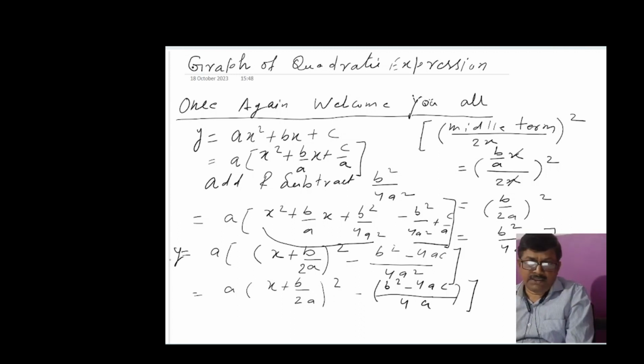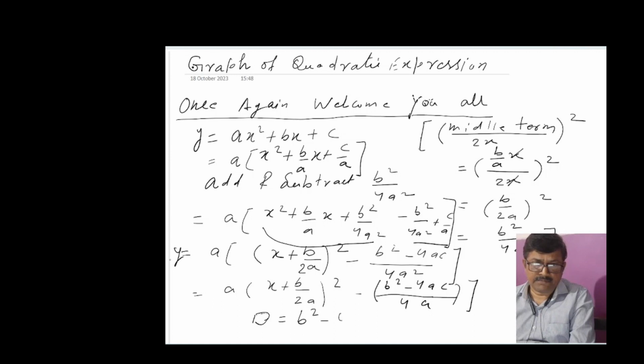Now you can see this b square minus 4ac is a discriminant. Discriminant D is equal to b square minus 4ac. Correct? Now I will put D here in place of b square minus 4ac.